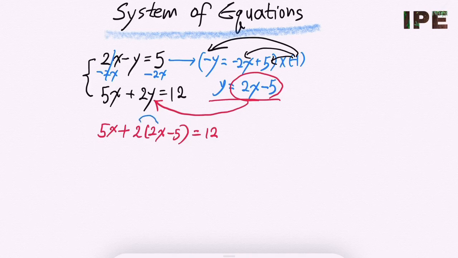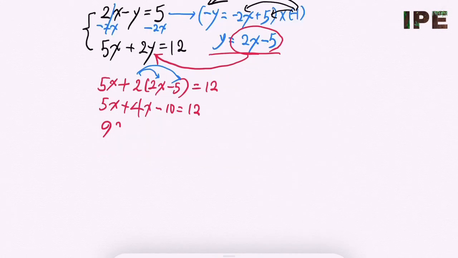And then this will be 5x plus 4x minus 10 equals 12. 5x plus 4x is what? 9x. 9x equals 22. So what is x? 22 over 9. So I just found the value of x.